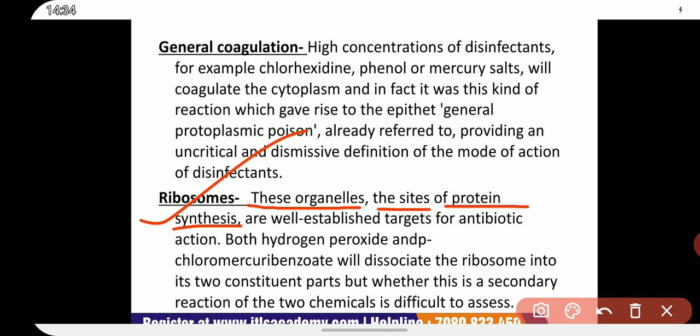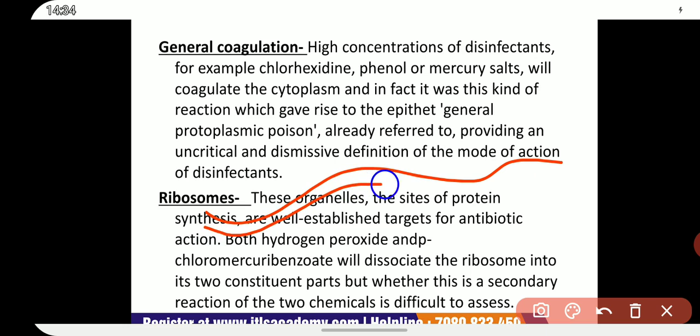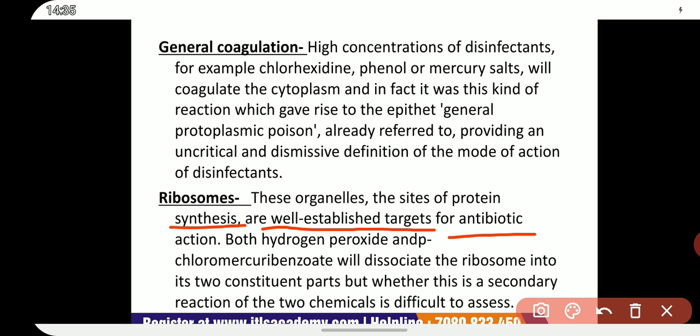In the process of translation, ribosomal subunits bind to the mRNA and allow codons to pair with anticodons, and finally the synthesis of proteins occurs. So these are the site of protein synthesis. Ribosomes are a well-established target for antibiotic action.